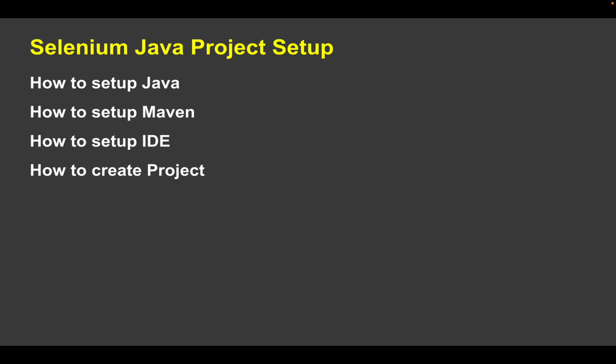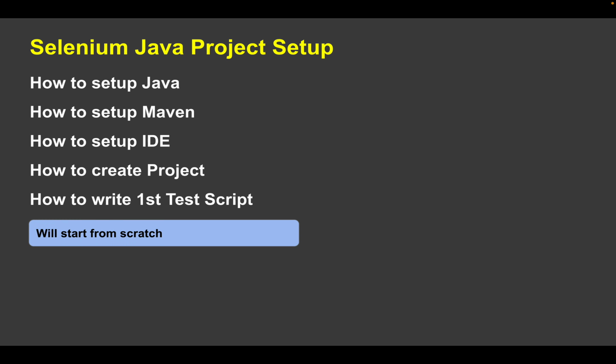IDE is integrated development environment. This is the platform where we will create our project, we will write our scripts and run the scripts. Then we will create our first Selenium Java project, and then after that we will create our first test script, and then we will run it to see how we use automation testing with Selenium. Okay, so this is what we are going to do, and I will show you all the demos and examples.